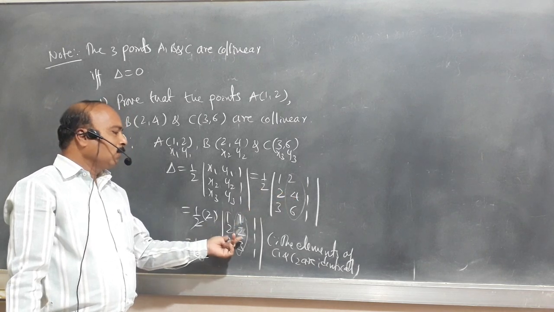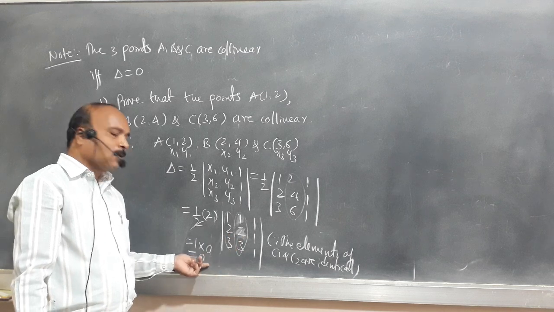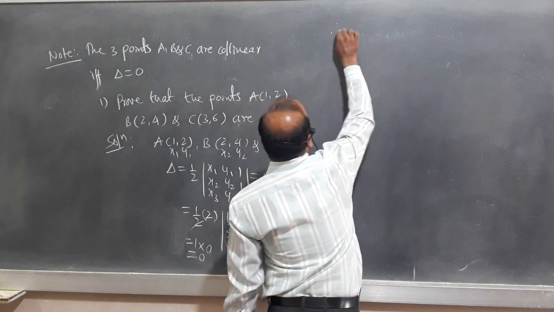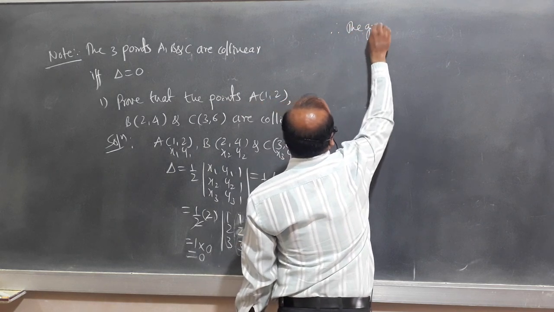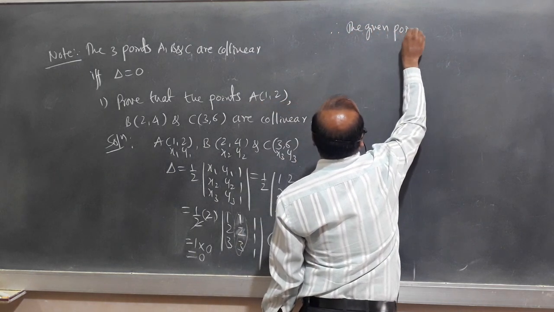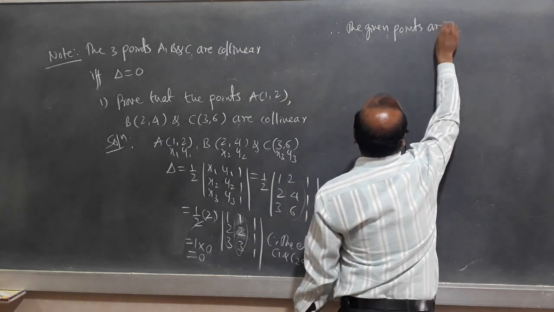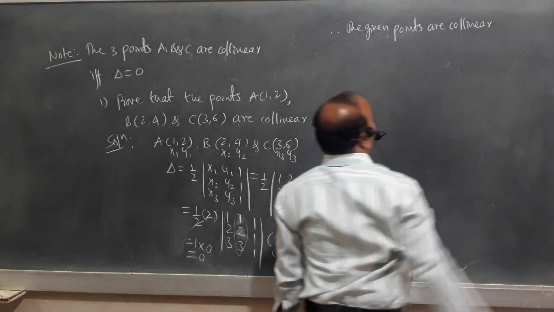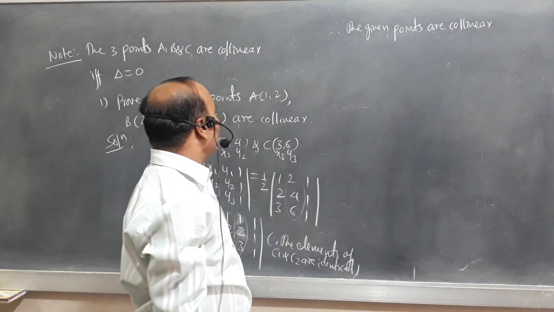By these two properties we prove that the determinant value is equal to 0. Therefore we conclude that the given points are collinear, because the area of the triangle is equal to 0.